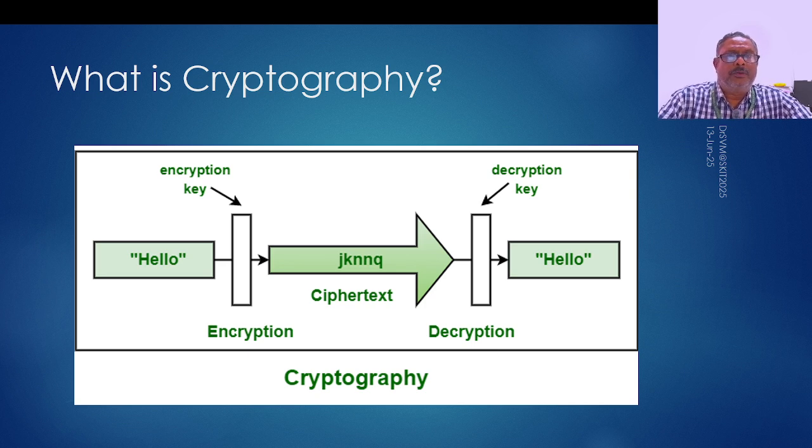Then, to overcome these problems, we use something called cryptography. Here, we have one process at the input side and one at the output side. When we send a message from a sender to the receiver, at the sender side we have a process called encryption, and then the encrypted data, or the cipher text, is transferred over the media.